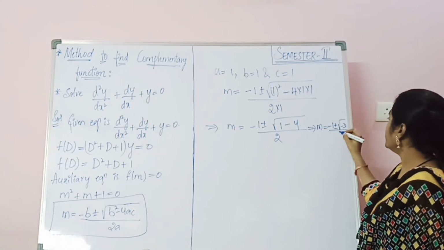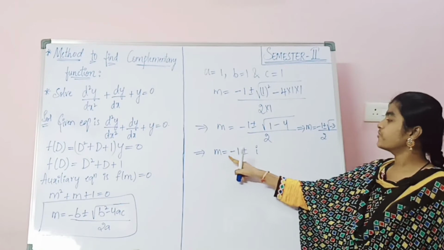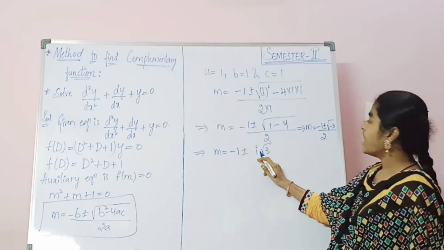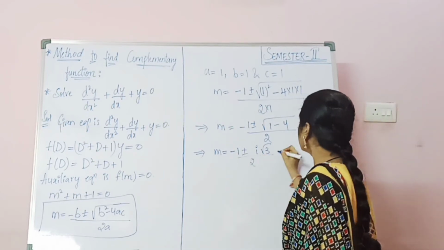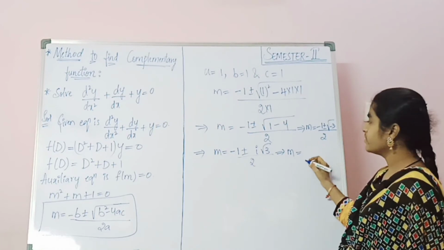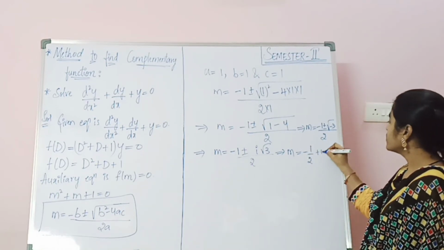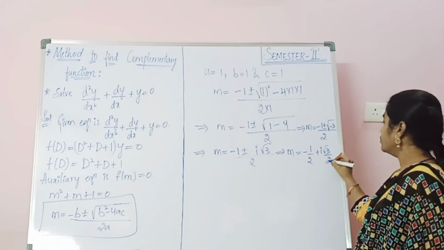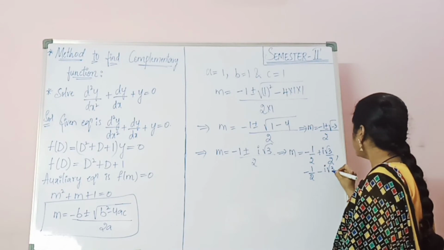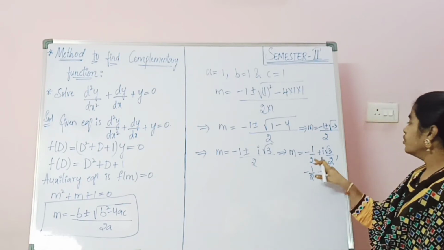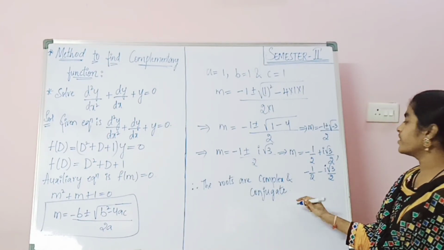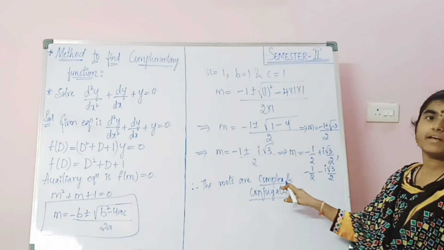Minus root 3 by 2. So this minus root 3 can be written as i root 3 by 2. So m equals to minus 1 by 2 plus i root 3 by 2, comma, minus 1 by 2 minus i root 3 by 2. So these are the roots of the equation. Therefore the roots are complex and conjugate.